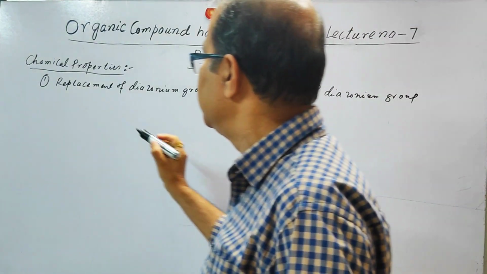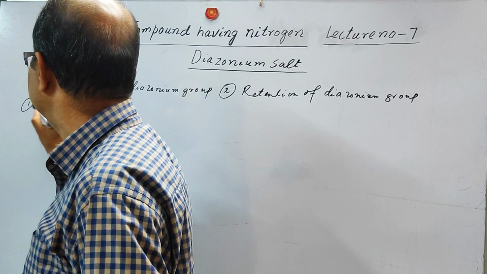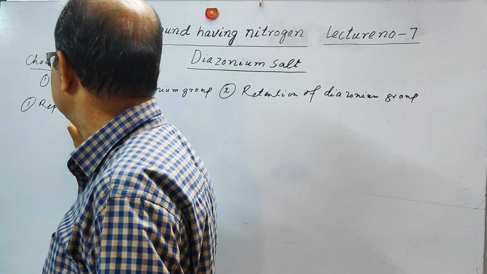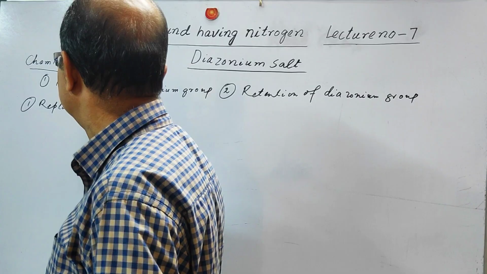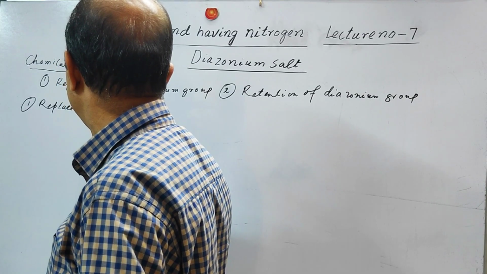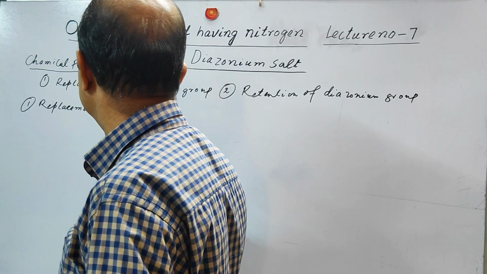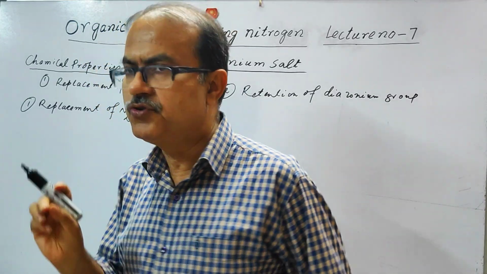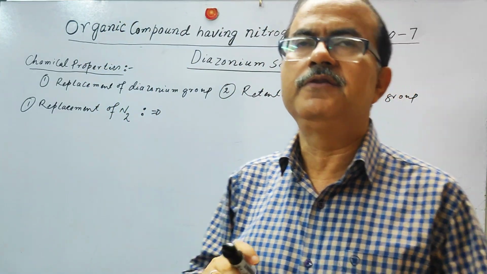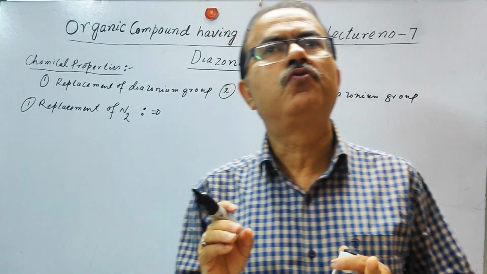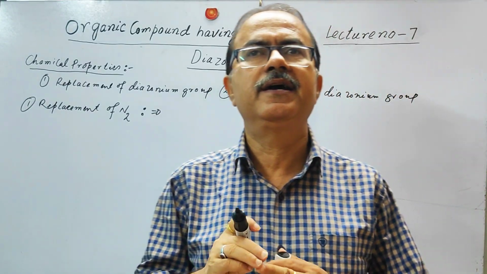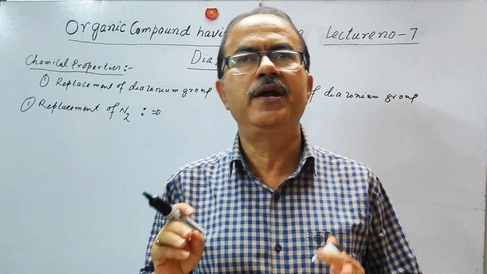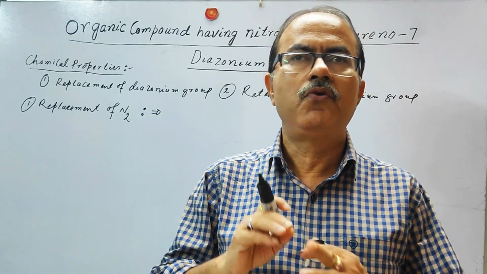First we discuss the replacement of the diazonium group, that is, replacement of N2. In this process, what is going to happen? The N2 on the benzene ring is replaced by some nucleophiles like halide ions, cyanide ion, iodide ion, fluoride ions.